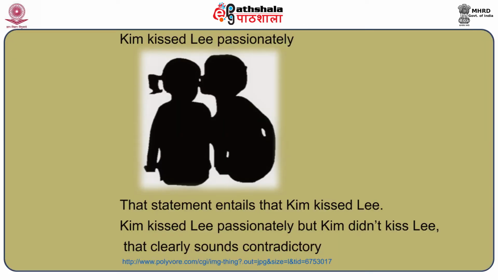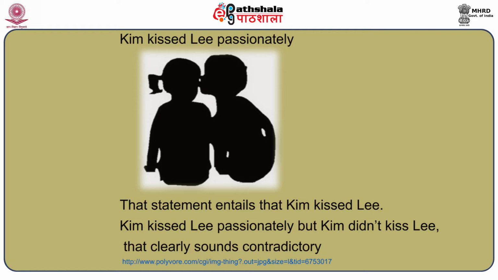Now, if you want to compare this way of defeating an inference to the case of entailment, consider the following sentence. Suppose I say, Kim kissed Lee passionately. That statement entails that Kim kissed Lee. But suppose you try to continue by saying, Kim kissed Lee passionately, but Kim didn't kiss Lee.